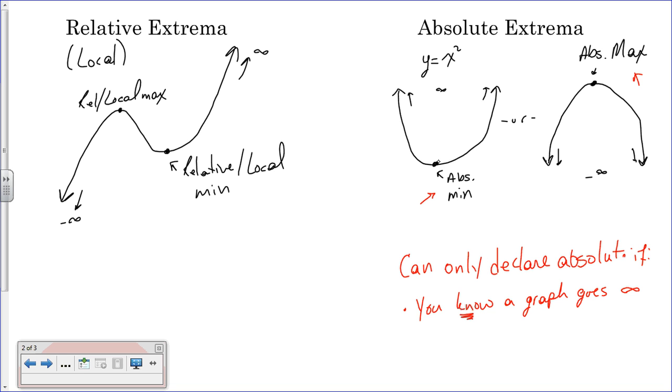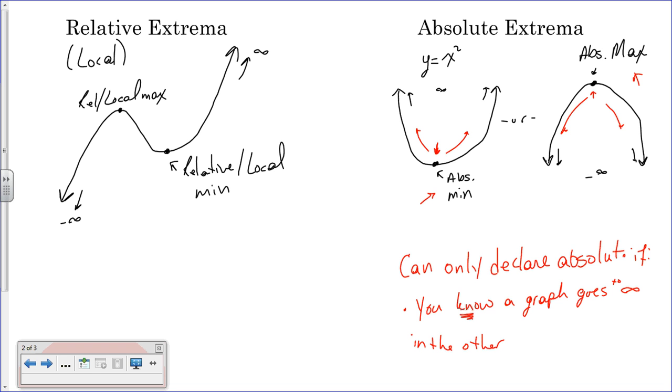Like for instance here, you have your min right here. So you have to know that this goes to infinity in this direction, or in this case, here is our max, so it goes to negative infinity here. That's what it means by goes to infinity in the other direction.